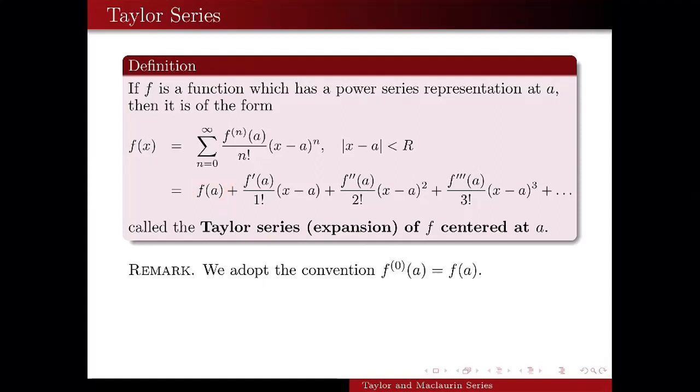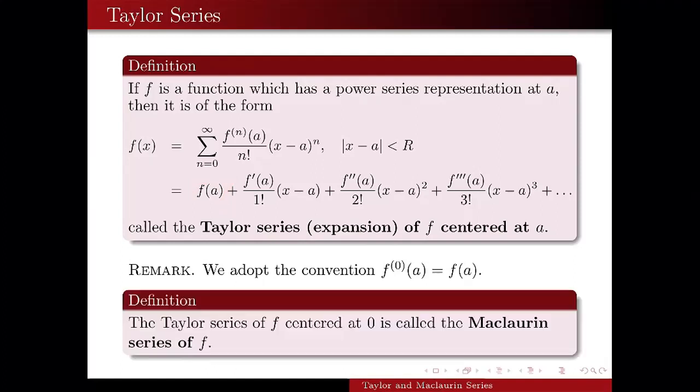Now, if the center A is 0, we call the series the Maclaurin series of f. So Maclaurin is just a special case of this Taylor series. Special because for Maclaurin, the center is 0.